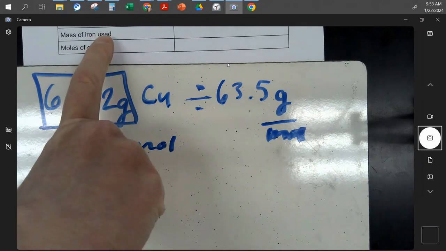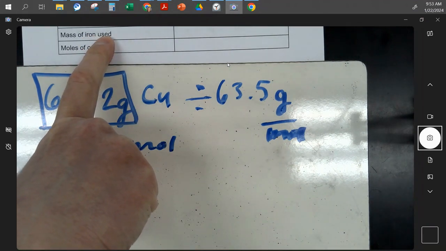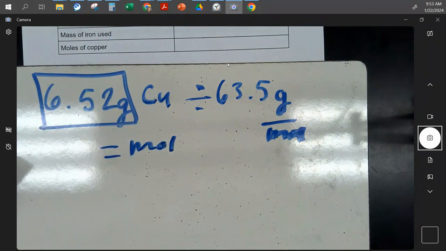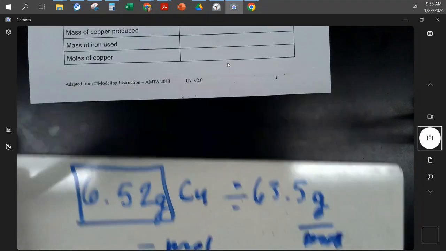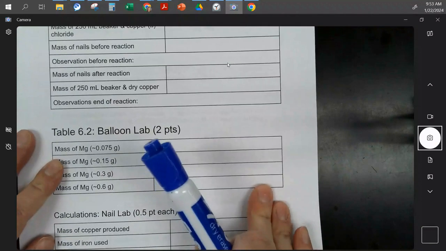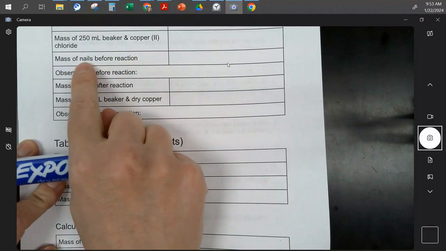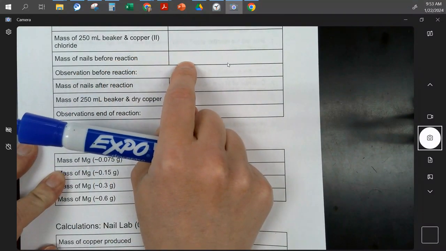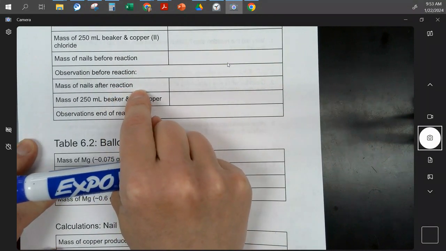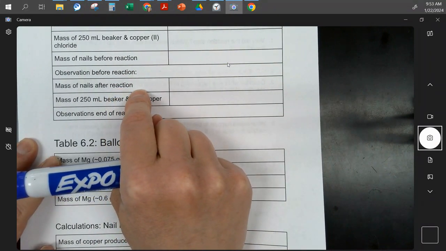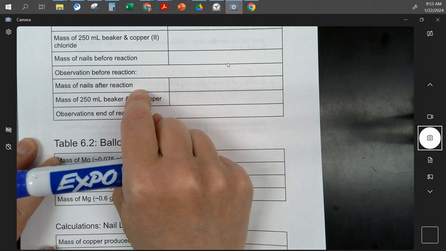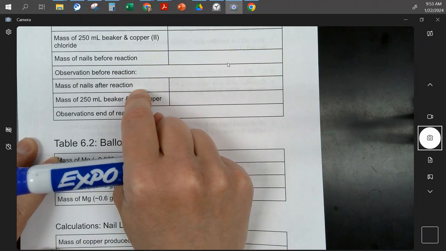This is not iron used in the reaction. What's that? So you started with the mass of your nail before the reaction. Then you have the mass of the nail after the reaction. We're going to assume that everything that came out of the nail is the iron that we used.